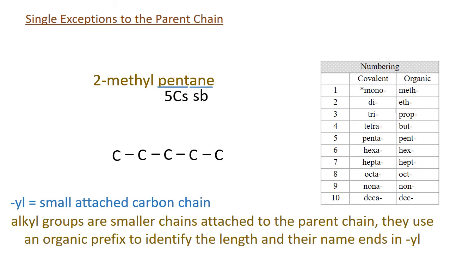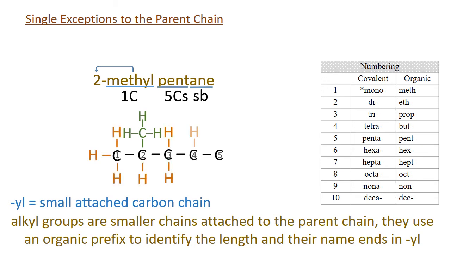Ane means singly bonded, and methyl means a 1-carbon chain, and that goes on the second carbon. So I put a 1-carbon chain on my second carbon. Then I fill in the rest of the carbons with hydrogen, so they are all making 4 bonds.